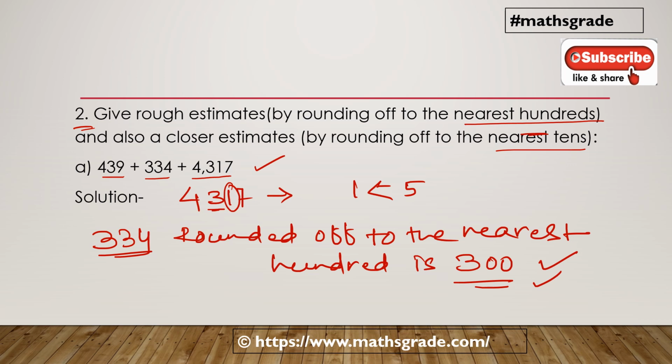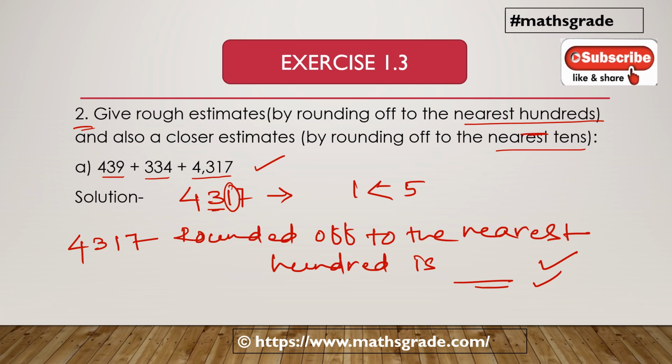So just write down 3 as it is and write down 0 in tens place and unit place digit. That is 1 and 7 change to 0. So 4317 rounded off to the nearest hundred will be 4300.